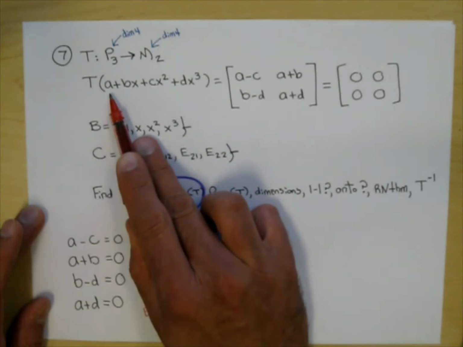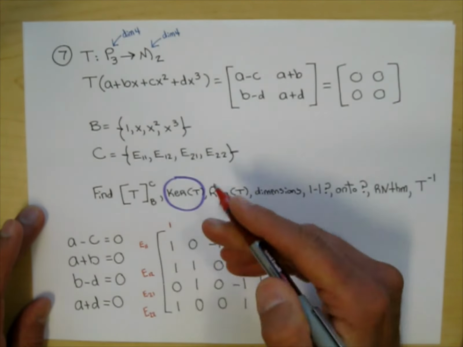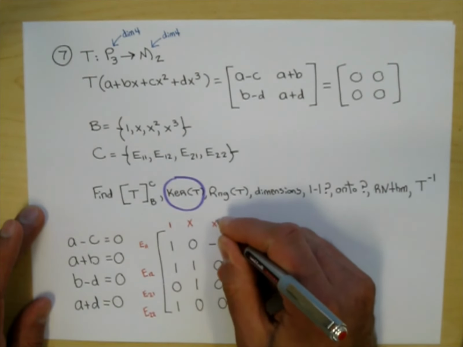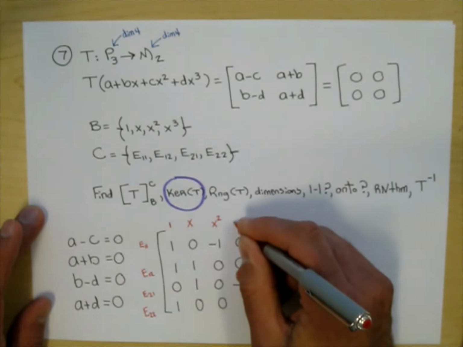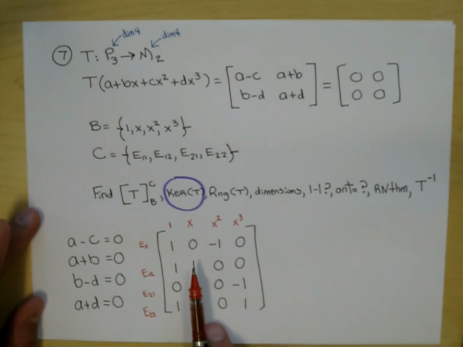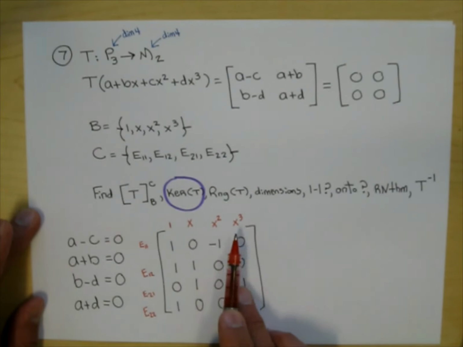But look, A kind of corresponds to the one element, A times 1. And then B times X, I'll just put the X there. C times X squared. And D times X cubed. So look at what we have here. That's your ordered basis B: 1, X, X squared, X cubed.